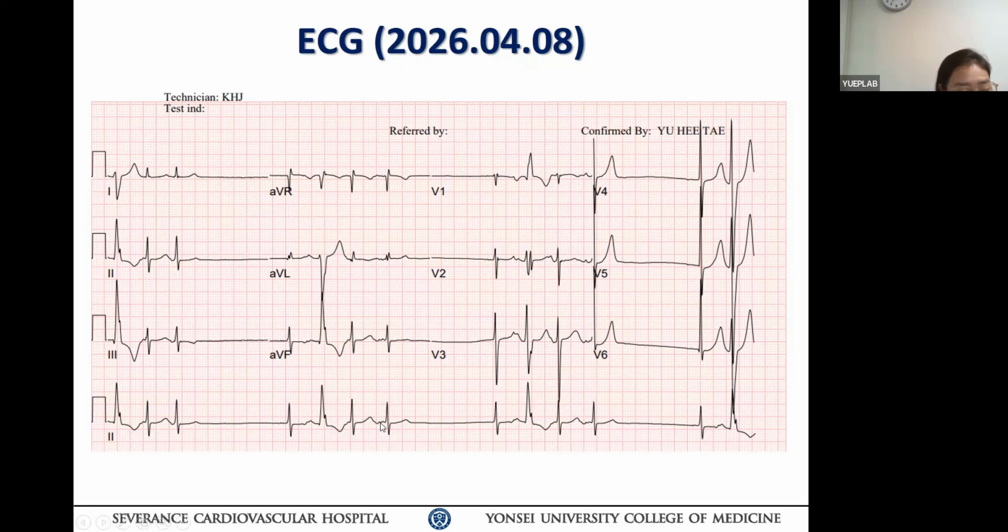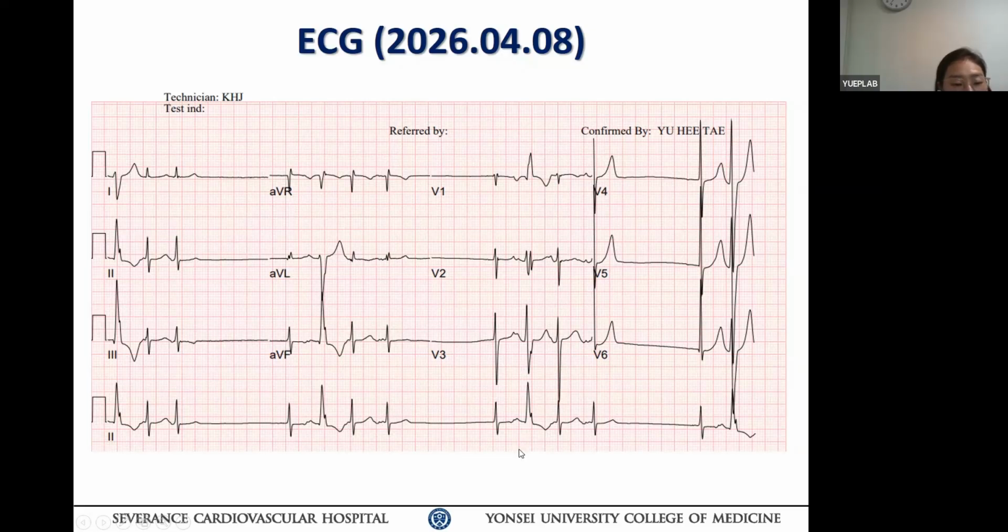After this beat, there's a pause, junctional escape, Ashman beat. Is this a sinus beat or is it an APC? I don't know. And then this looks like a sinus beat. So, sinus beat, junctional escape beat, Ashman beat, probably APC, again sinus beat, and this pattern repeats.